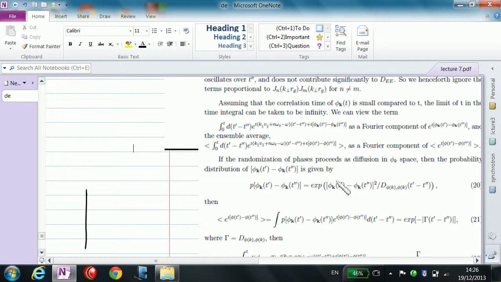It is a new variable. The probability of x minus y is equal to the probability of x times the probability of x minus y plus y.